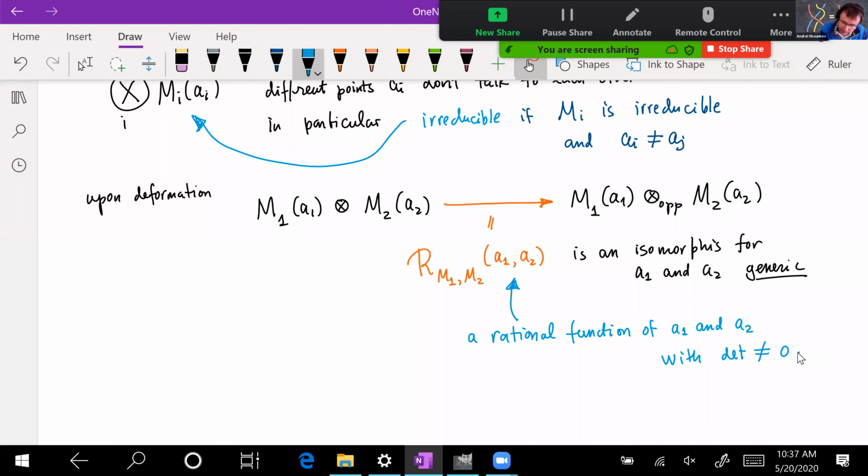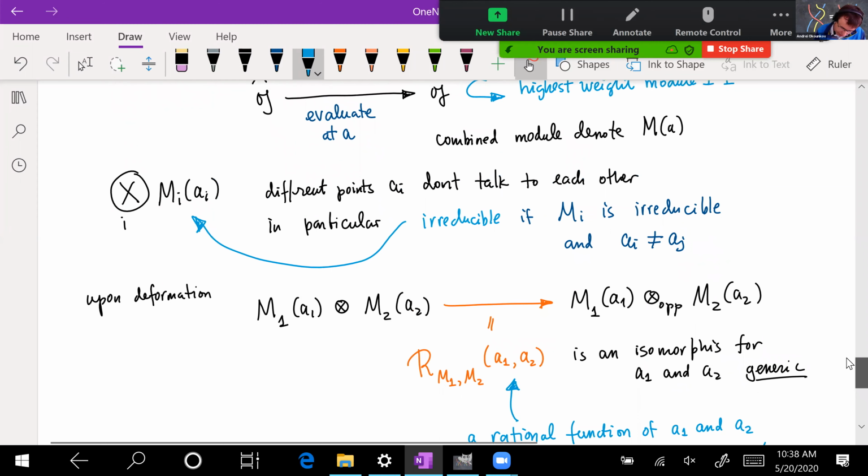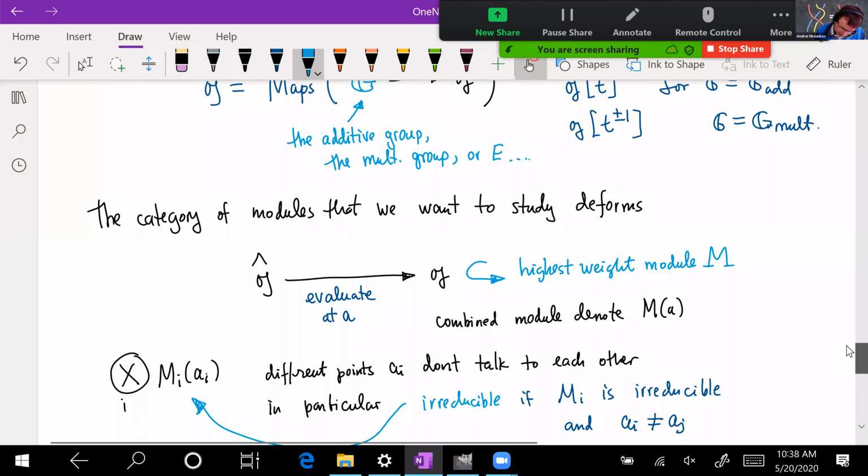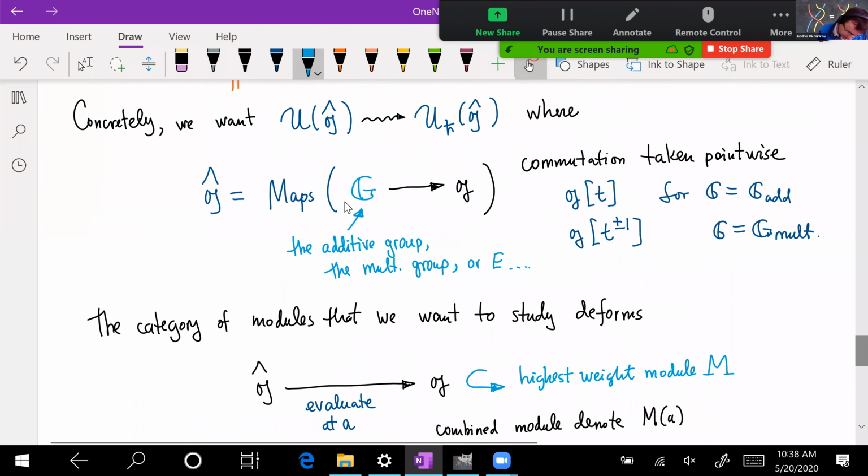And in fact, our algebra before the deformation had an obvious automorphism. Namely, there was an action of the group itself. The group acts on the domain of the map, and so by precomposing with an automorphism, it acts on the algebra. This is called loop rotation.